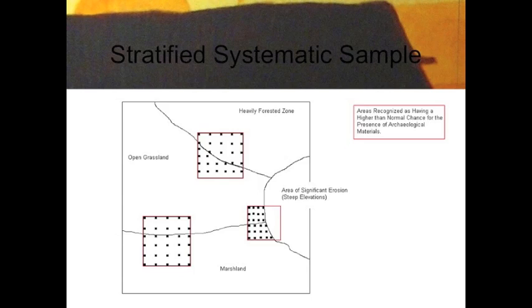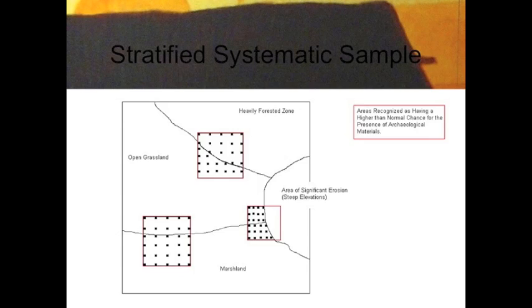The only thing I would change about this hypothetical example, if I was to incorporate it into my own research, is I would move all of the test units out of the marshy area. It would just be too challenging to test the record in those locations. I may also reduce the number of test units in the heavily forested region.